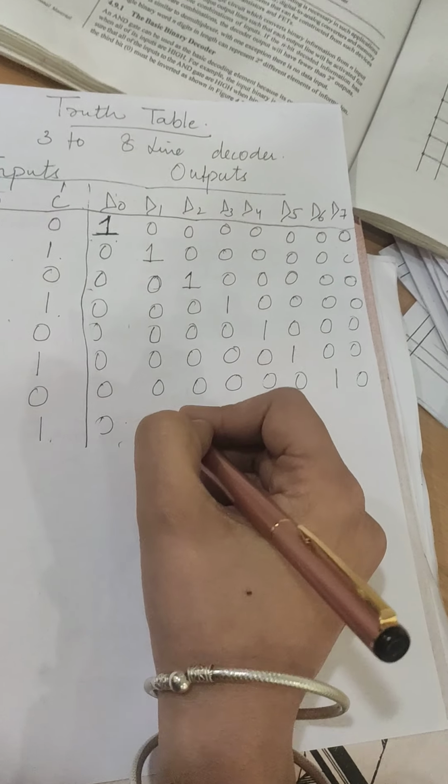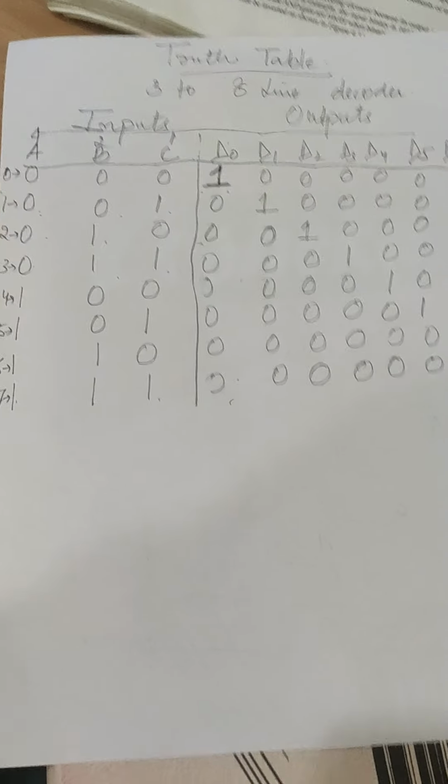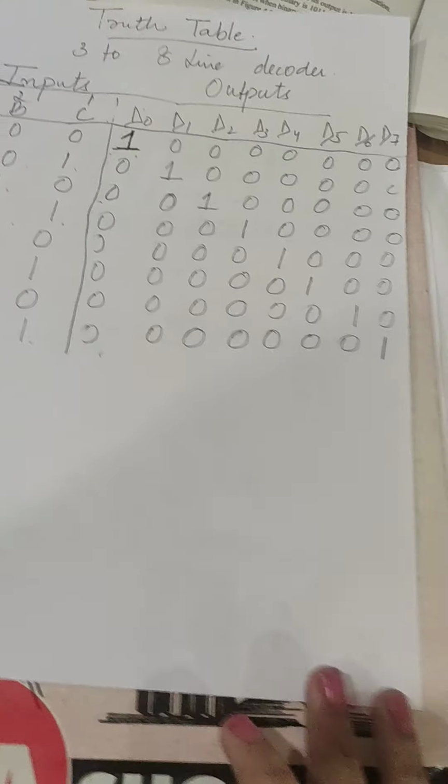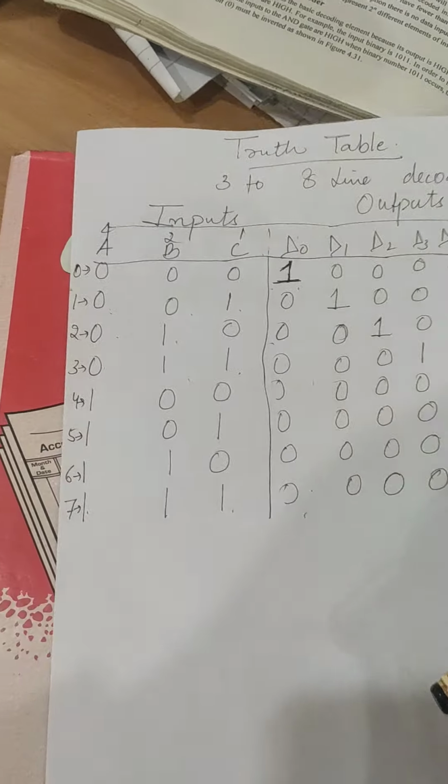Last is D7, which will be active, rest all 0. So here is the truth table of the 3 to 8 line decoder.